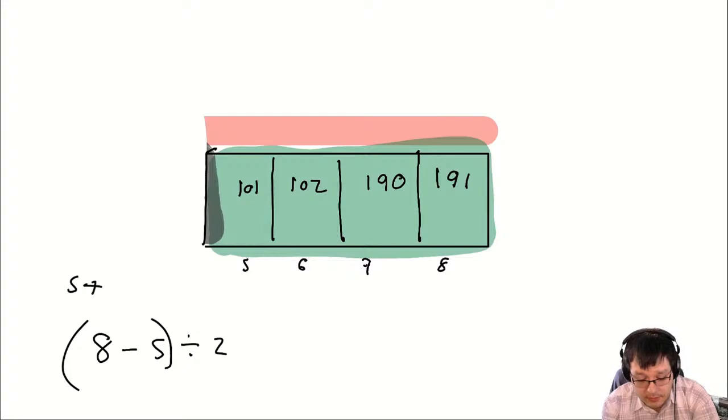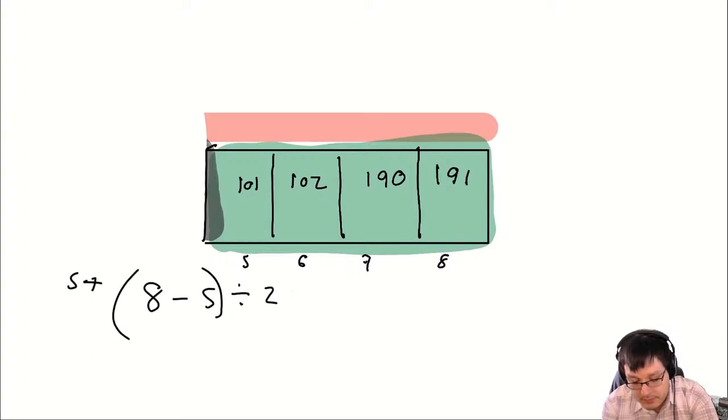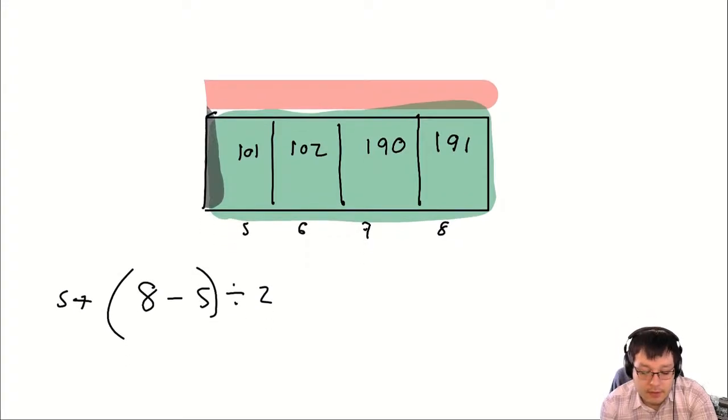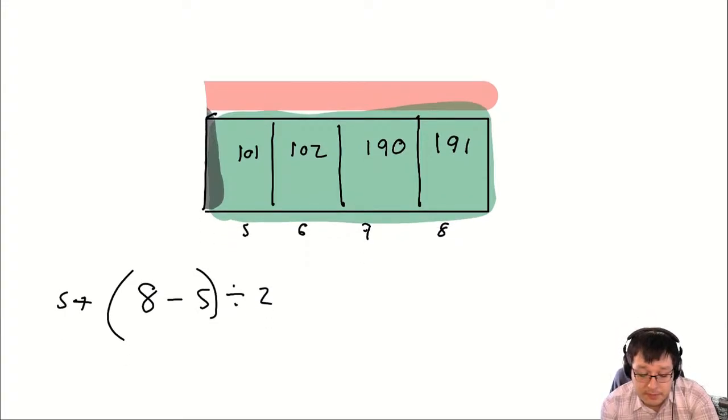So 5 plus whatever this is. What is that equal to? Well, 8 minus 5 is 3, and 3 divided by 2 is just going to be 1 because of the integer division. So ultimately, we're doing 5 plus 1, which is equal to 6.